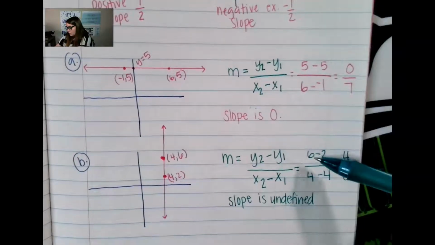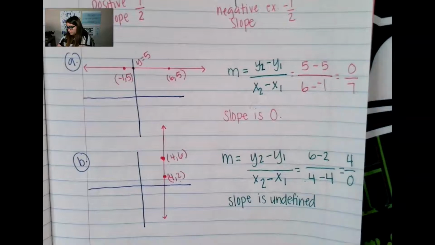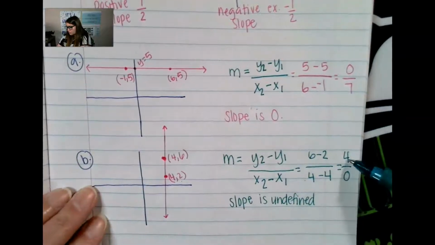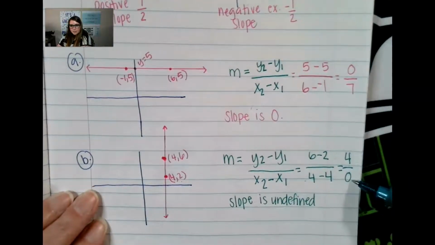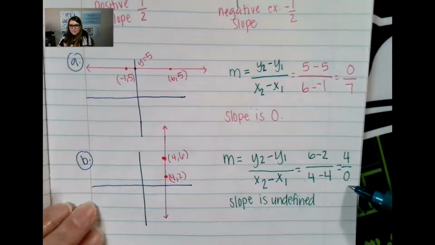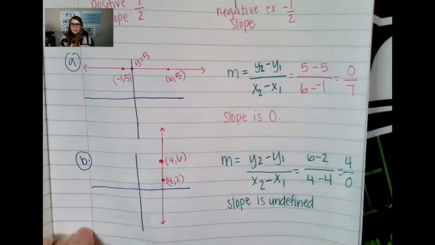Because when we subtract, we got 4, and we divided, we got 4 divided by 0, and that's undefined. We don't know what that is. Okay, we're going to do another one so that we can look at division one more time.